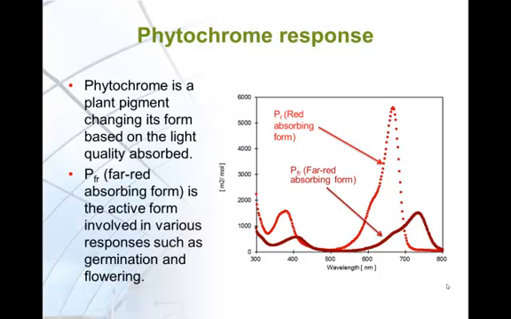Depending on the incident light quality, the amounts of far red absorbing form and red absorbing form are determined, and that resulting ratio determines the response, such as germination and flowering.